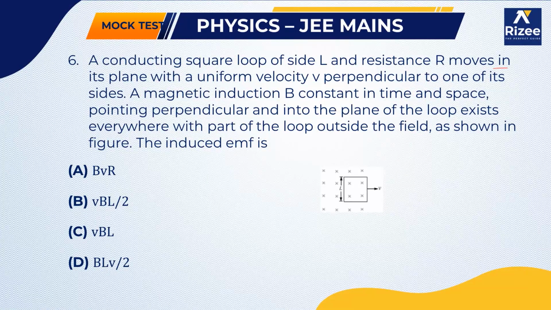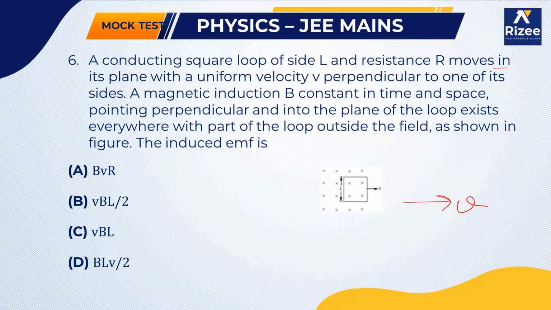It is moving towards the right side with a certain velocity v here, perpendicular to one of the sides. The magnetic induction B is constant in time and space, pointing perpendicularly into the plane of the loop, and exists everywhere with part of the loop outside the field as shown in the figure. He is asking for the induced EMF.